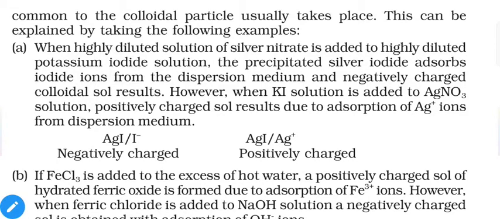In the first case we have silver iodide which attracts I minus, because I minus will feel attraction towards the silver ion as they have opposite charges. In the second case we have silver iodide attracting Ag plus, because silver ions will feel attraction towards the iodine as they have opposite charge.